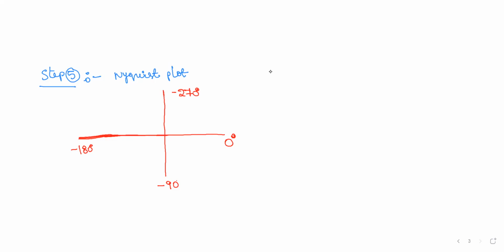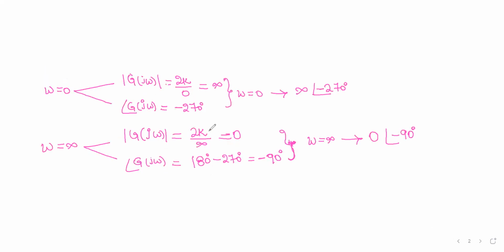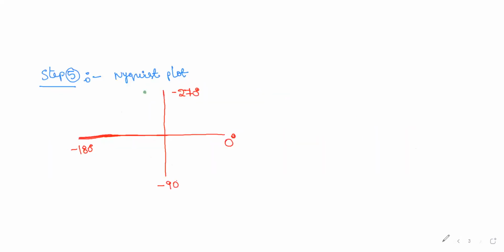There we assume the point at infinite, at minus 270 degrees. It reaches 0, meaning from infinite to 0 through minus 90 degrees.